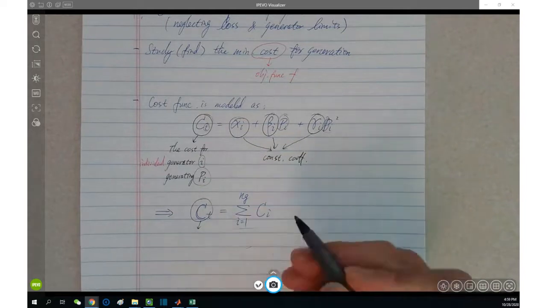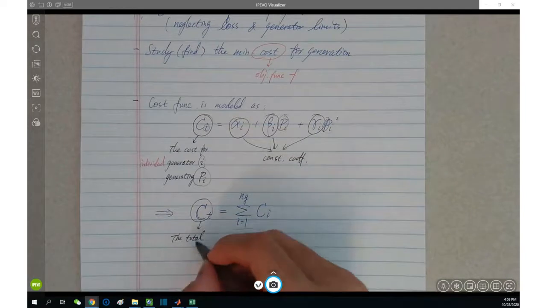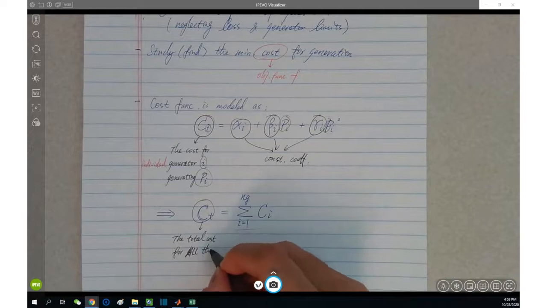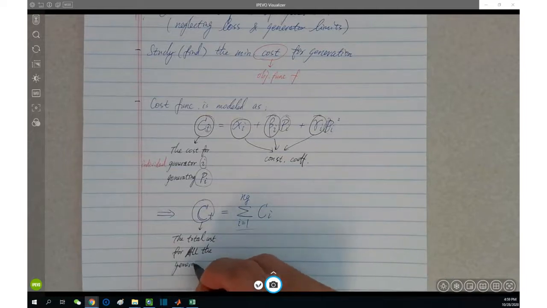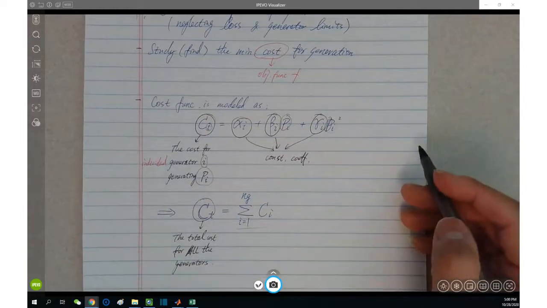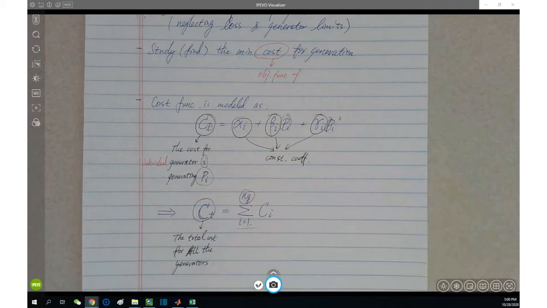Very good. As I said, from i equals 1 up to the number of generators, sum them up. It's the total cost.